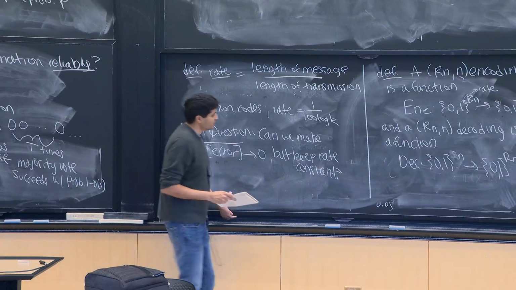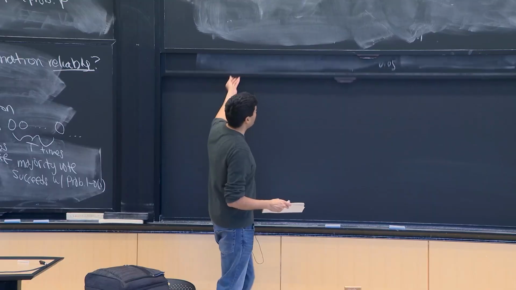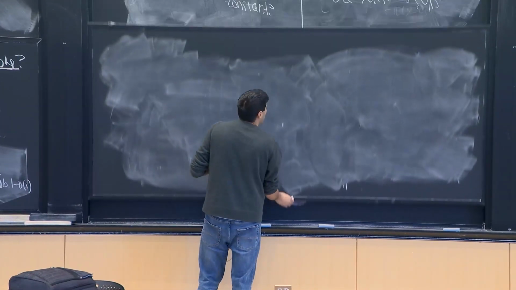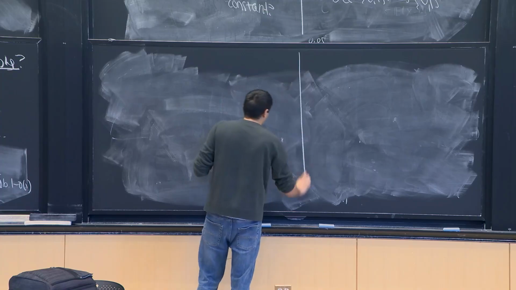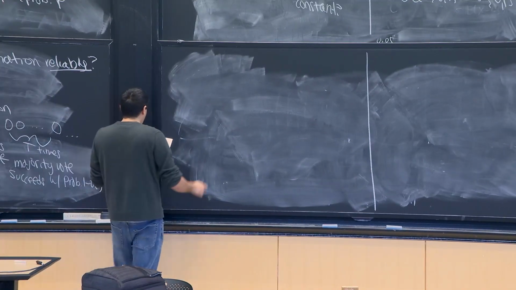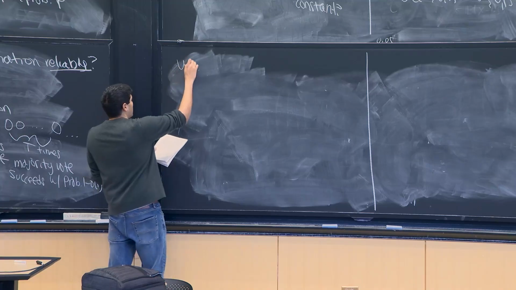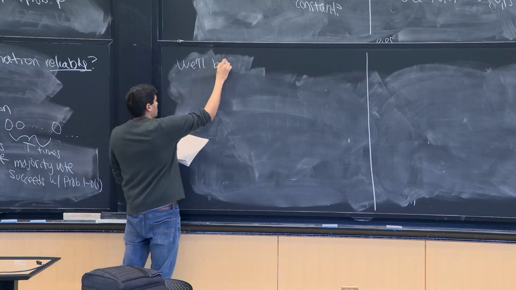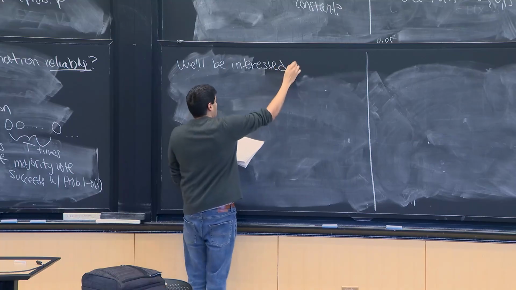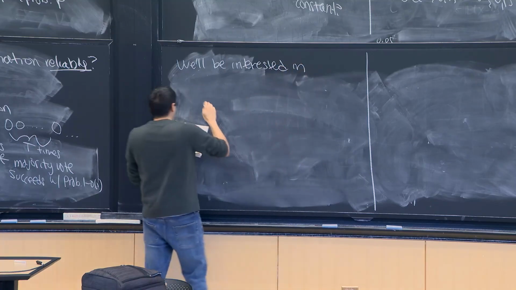Now the key point is how these two functions, encode and decode, work in the presence of errors and bit flips, like when we send it along the binary symmetric channel. So in particular, we'll be interested in the following quantity.